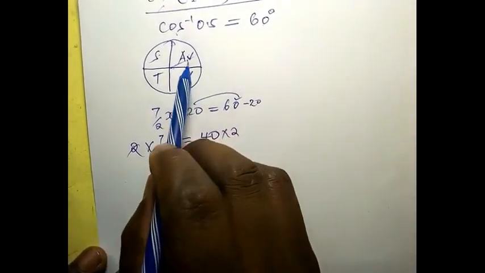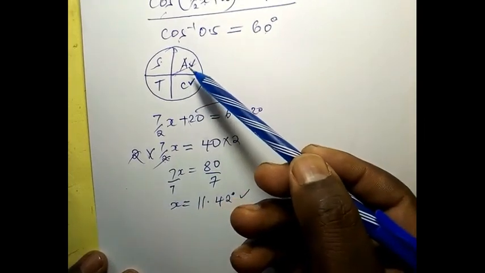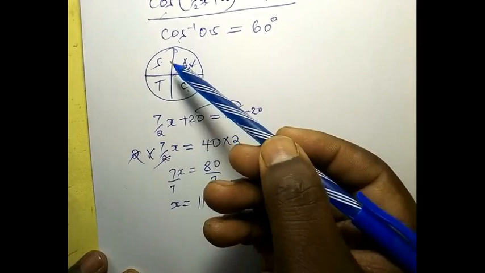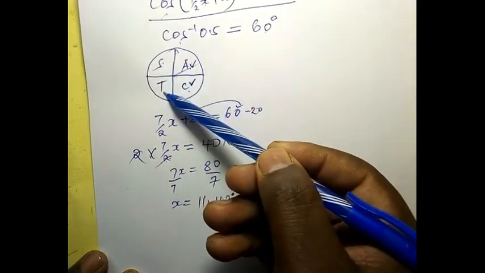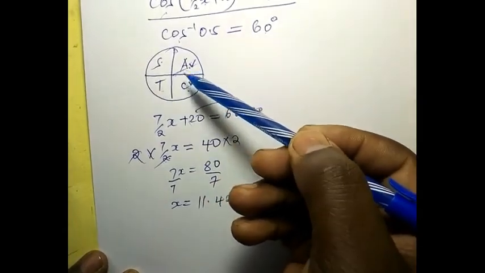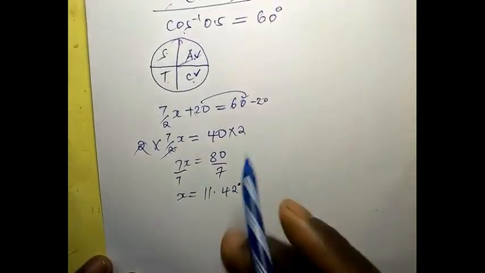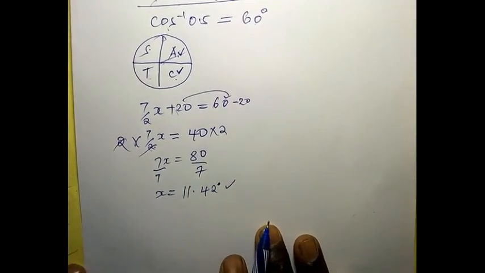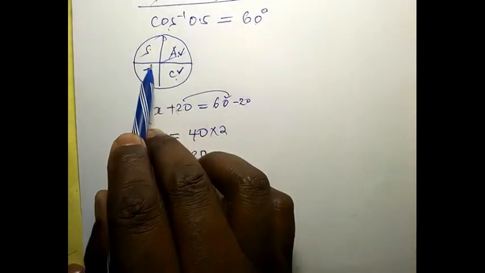We go now to the next one. Our next quadrant is the fourth one, right? Because here the cosine is negative, and we want where the cosine is positive. So how do we get the angle? Remember, I started this lesson by telling you how to find angles in all four quadrants.